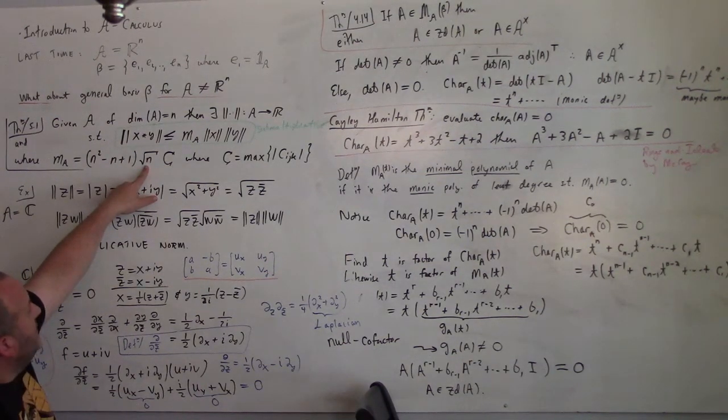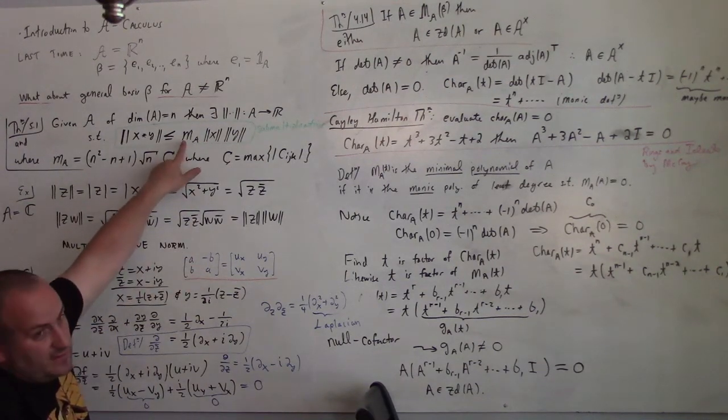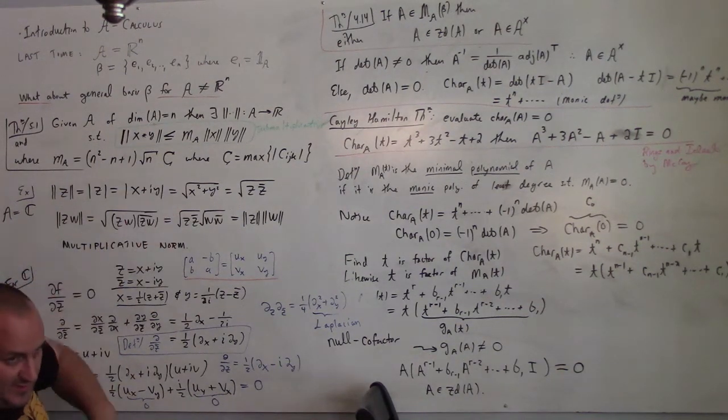So I think we get 4 times square root of 2, if I didn't make a mistake in this calculation. But it turns out, if you study the hyperbolic numbers carefully, you can prove that the best constant that you could put there is the square root of 2 itself. So 4 is a greedy overestimate of what needs to be there.